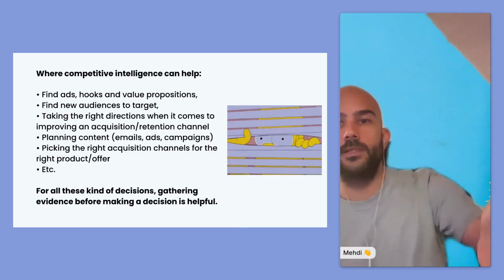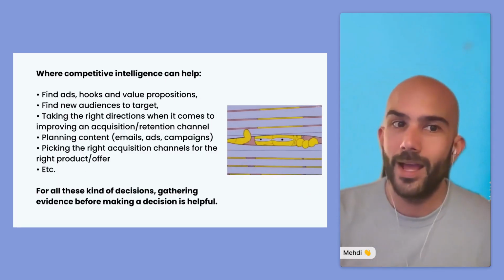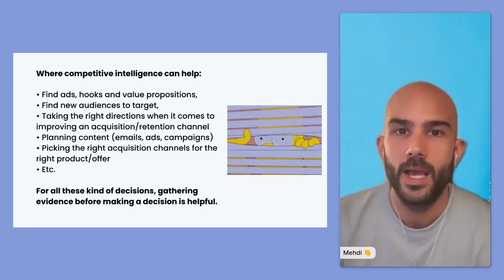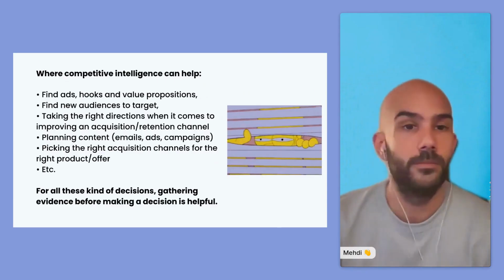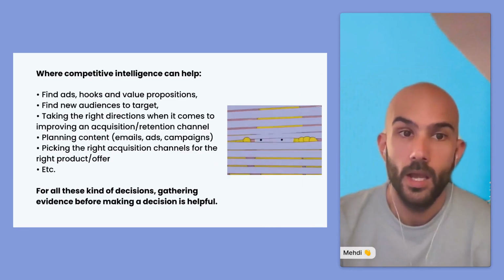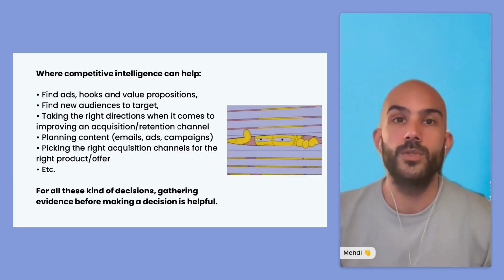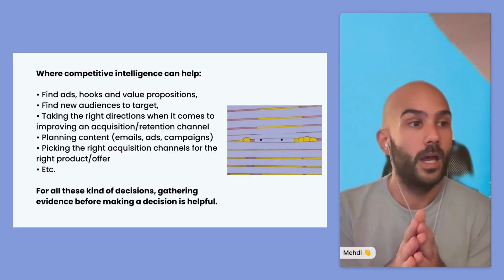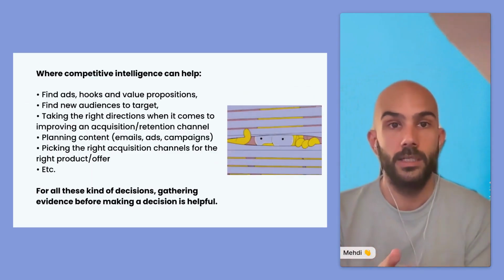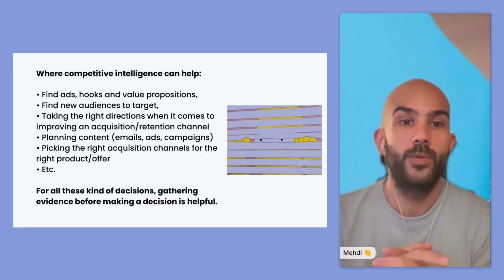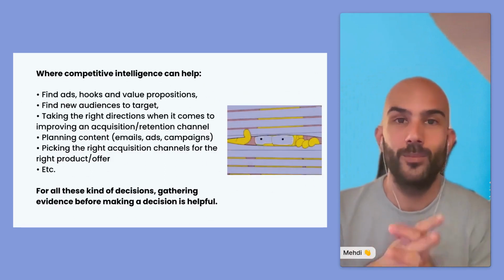Those are some of the examples that we're going to cover today: how to find new ads, new hooks, and value propositions for your own business and marketing strategy, how to find new audiences to target, how to take the right directions when it comes to improving a specific acquisition or retention channel, how it can help as well when you're planning content, and how to pick the right acquisition channel for the right product/offer.